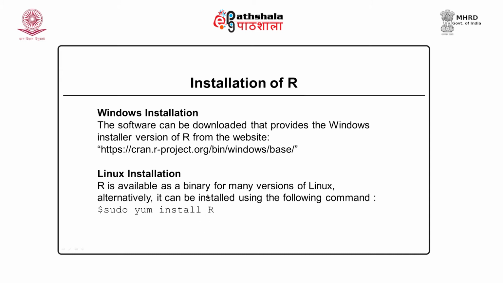Most of the distributions are available from the website r-project.org. You can browse the website, and if you want to download a Windows binary, you can go to the Windows directory, or there are also directories for Linux. So, this is how we can install R. R software is very small and it can be downloaded within a few minutes.